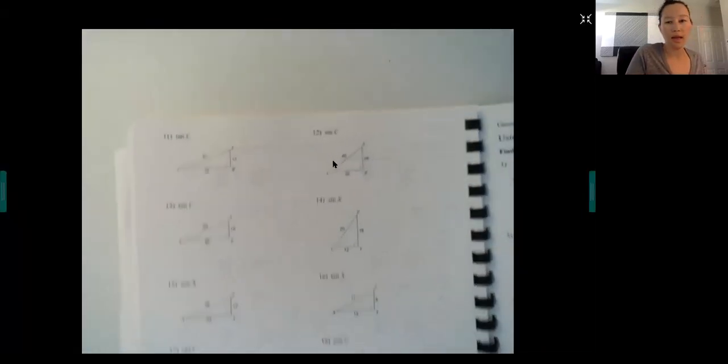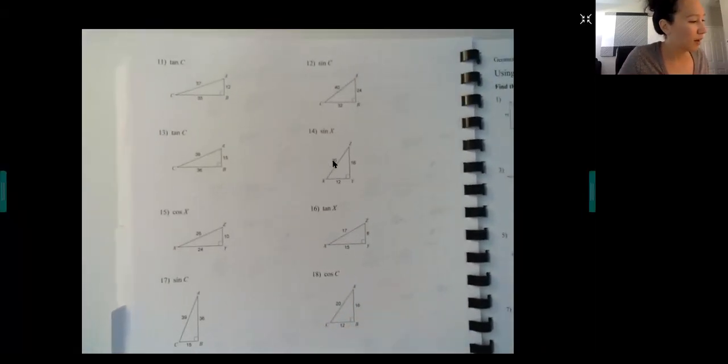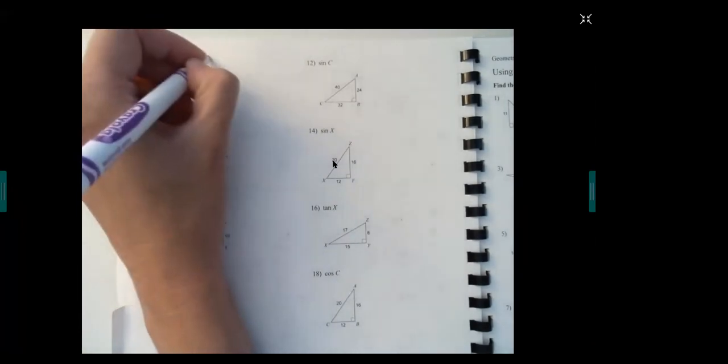Okay. And Jose, 11 and 12. For 11, I put opposite over adjacent, and for the opposite it is 12. Yep. Adjacent 35, and hypotenuse 37. Perfect. Then I put 12 over 35. Okay.